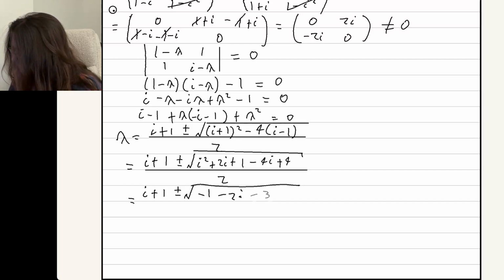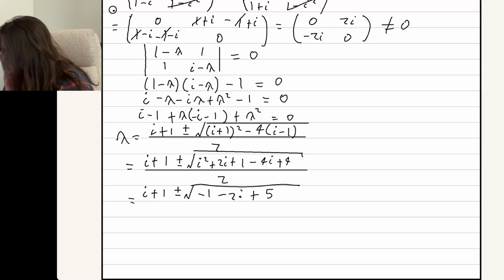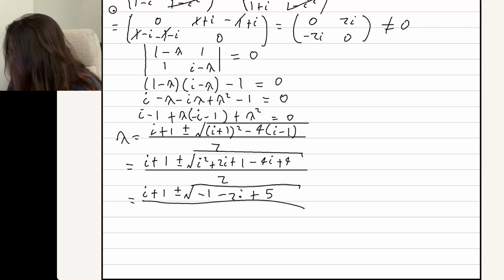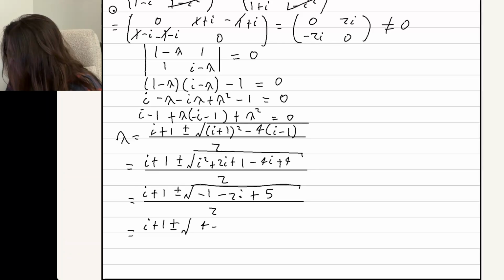So we got 1 plus 4, so 5 in there, right? All over 2. And we can simplify one more time to get 4 minus 2i inside the radical. Just doing 5 minus 1. And it's all over 2.